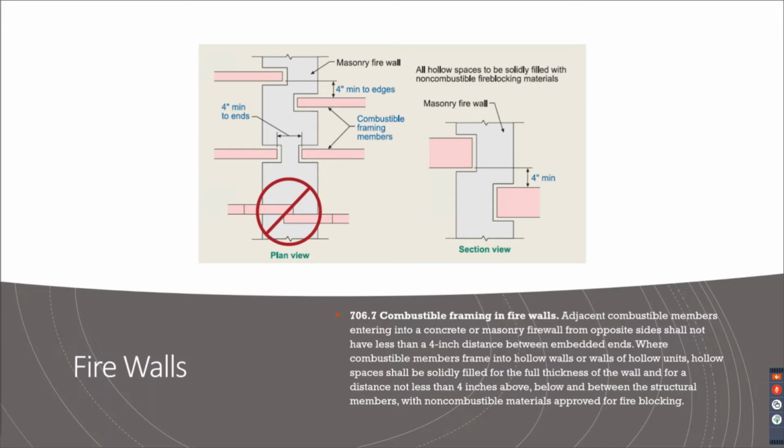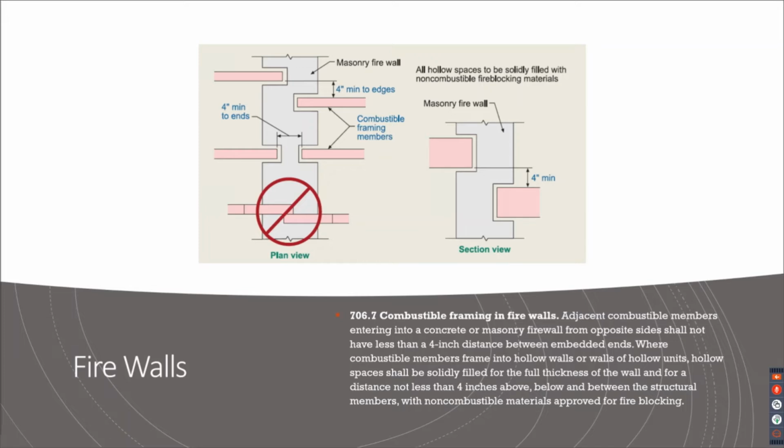Another one where a visual is helpful: where combustible members frame into hollow walls or walls of hollow units, those hollow spaces shall be solidly filled for the full thickness of the wall and for a distance not less than 4 inches above, below, and in between the structural members with noncombustible materials approved for fire blocking.